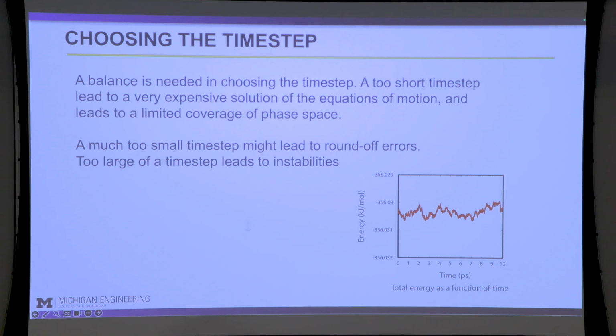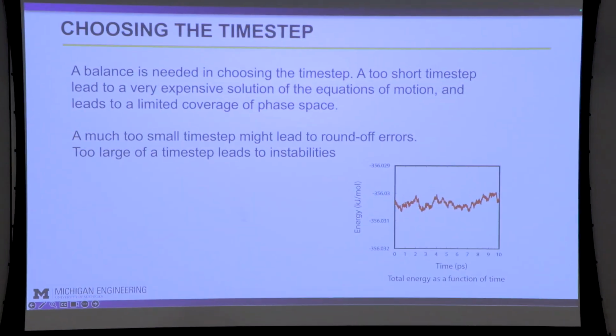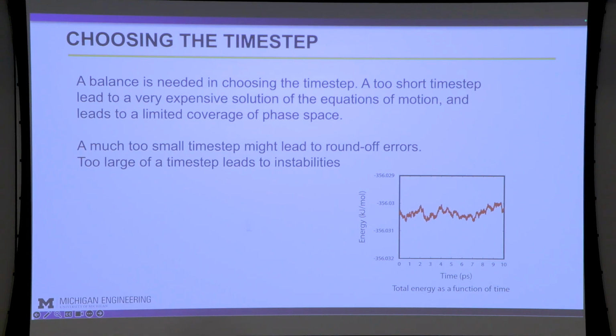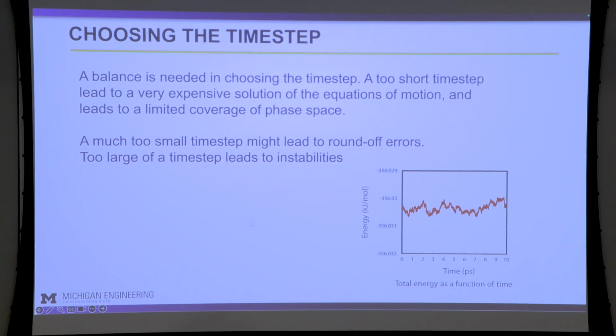The time step that you chose allows you to conserve energy, more or less. But there are situations in which your time step is too big. If you want to cut corners, for example, and you say, I don't want to wait that long, I want a bigger time step, then there are many situations in which energy is not conserved. So one thing to check is that energy is conserved in your system. So the delta t that you choose is very important.